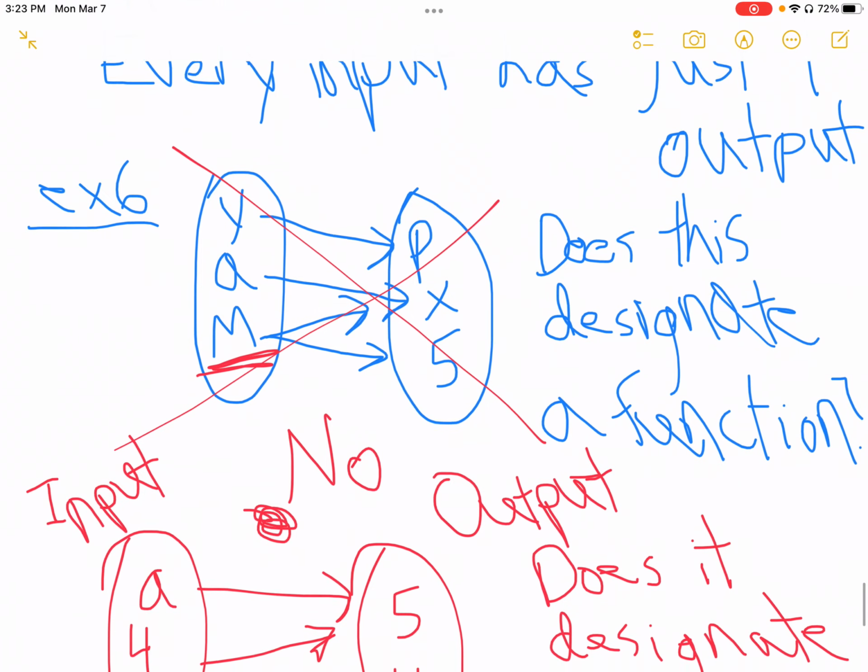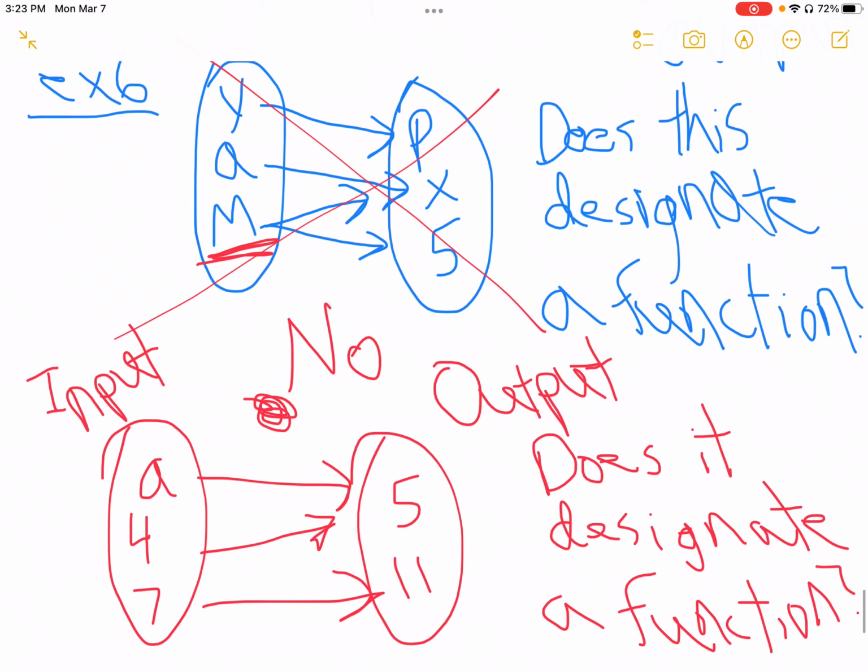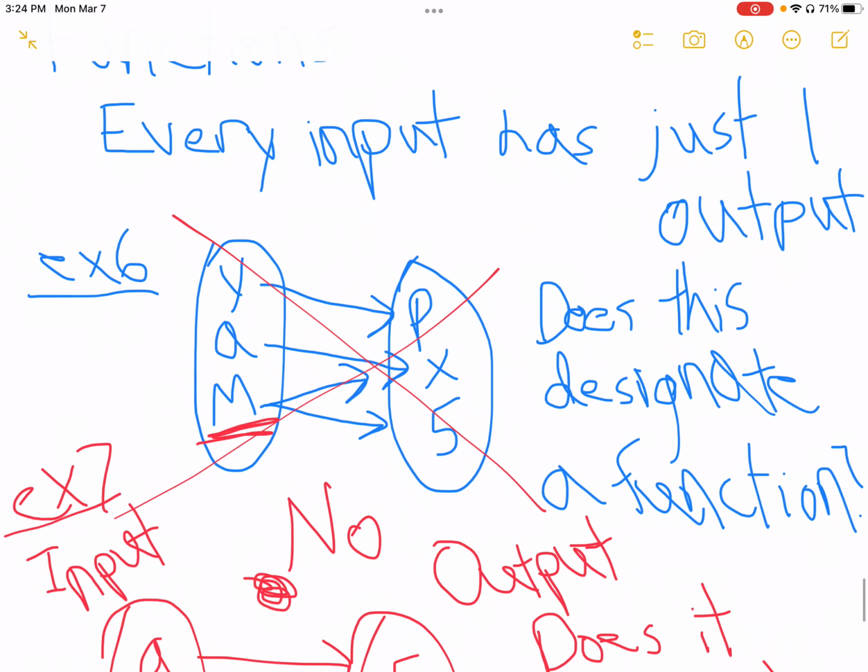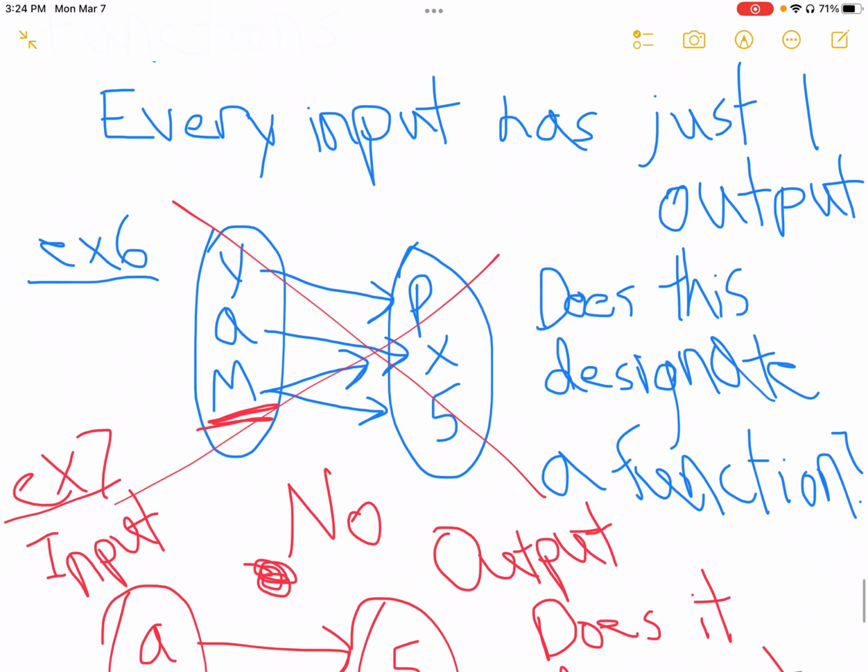So for example 6, oh sorry, I didn't draw this, this is example 7. But for example 6, we had y goes to p, a goes to x, then m went to x and 5. That doesn't work because our rule was that every input has just one output. This makes sense: if you got your calculator and got a different output when you plugged in the same thing, you'd be very worried that your calculator was not working correctly.